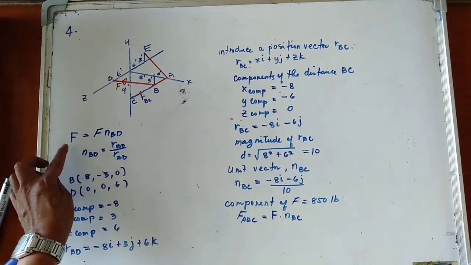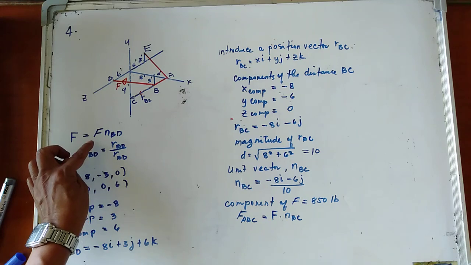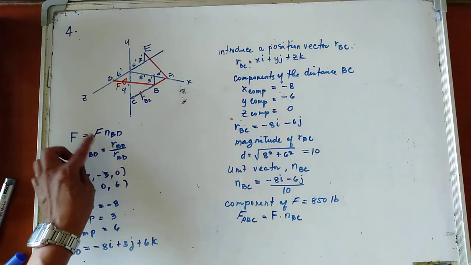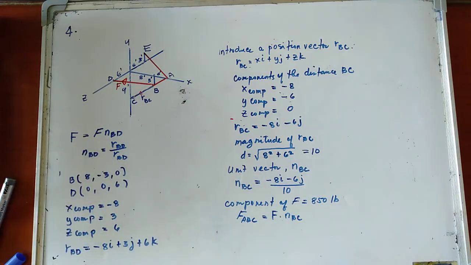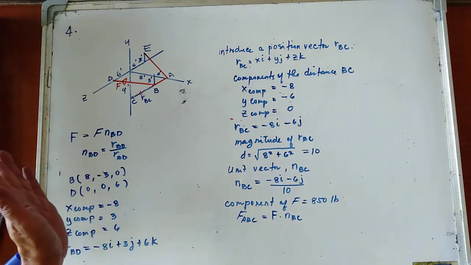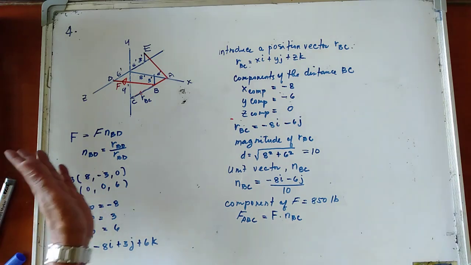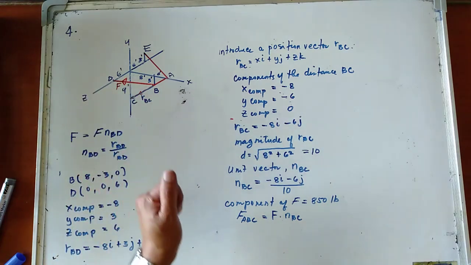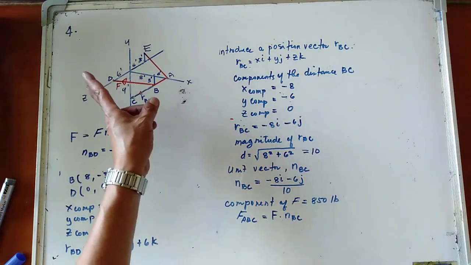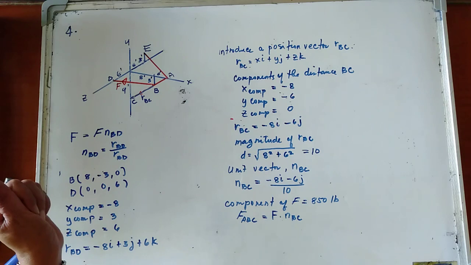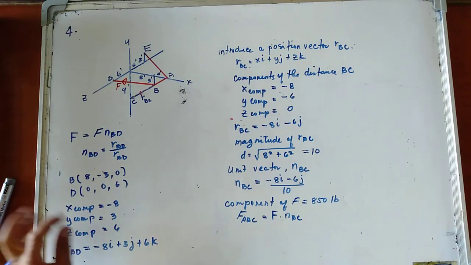So F is equal to the magnitude of that vector multiplied by a unit vector in the direction of F. And that unit vector in the direction of F is a position vector in that direction all over the magnitude of that position vector.